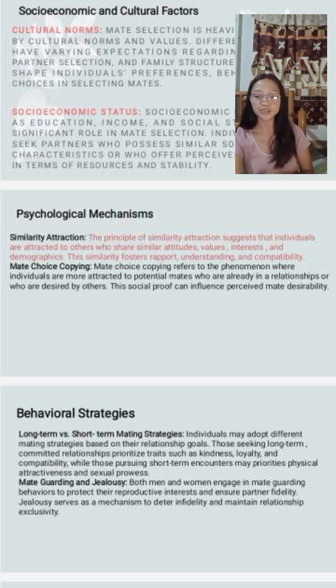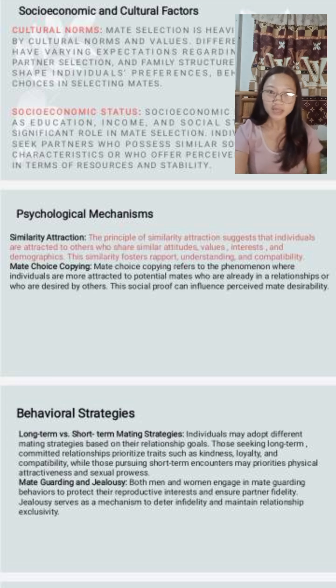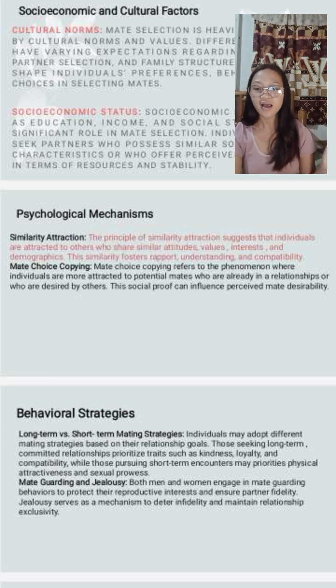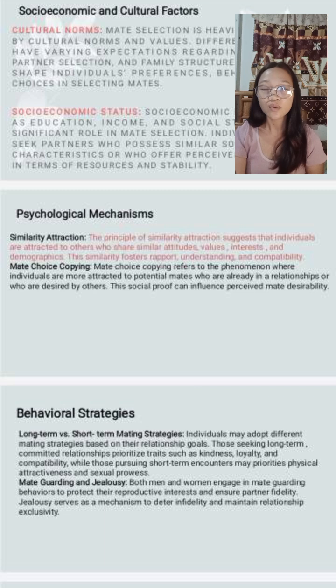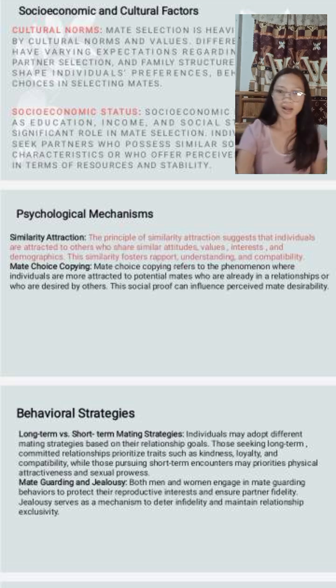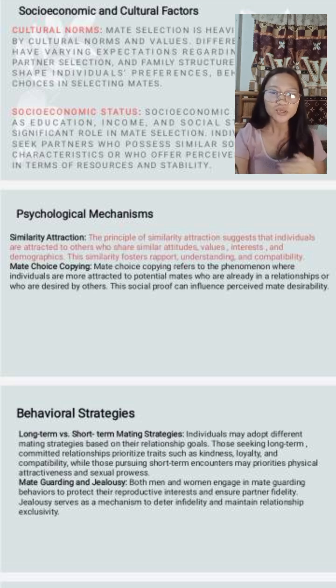So diri sa mate choice copying, they are attracted to potential mates who are already in a relationship. Kana siya, from the word copying, diri siya mag-copy sa mga mates sa iba. Like bisag ang babae nanay uyab or ang lalaki nanay uyab, mas pilion niya nga ngadto mo stay.